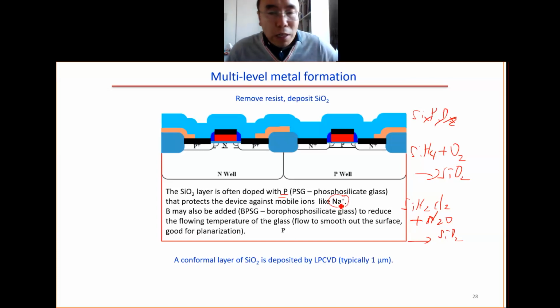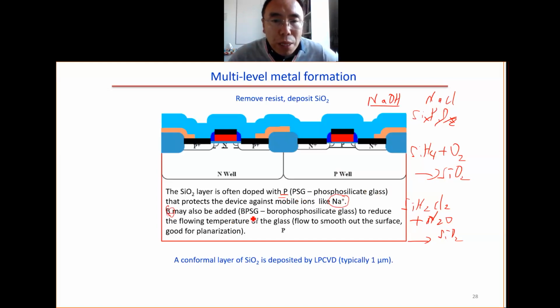In fact, many clean rooms do not allow sodium hydroxide or sodium chloride. Many clean rooms do not allow sodium at all. So by doping the silicon oxide with phosphorus, we can block this sodium ion. Another dopant may be boron.